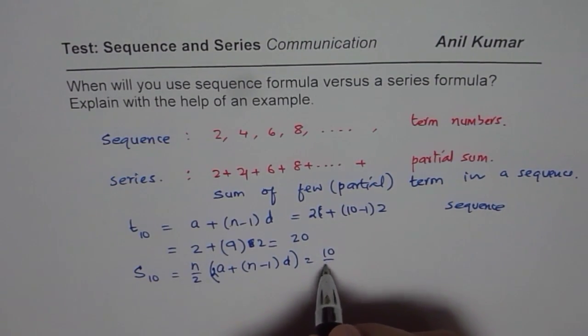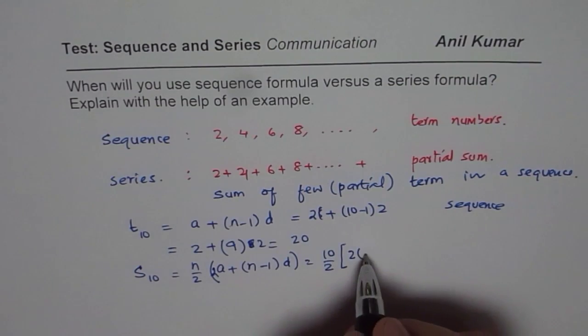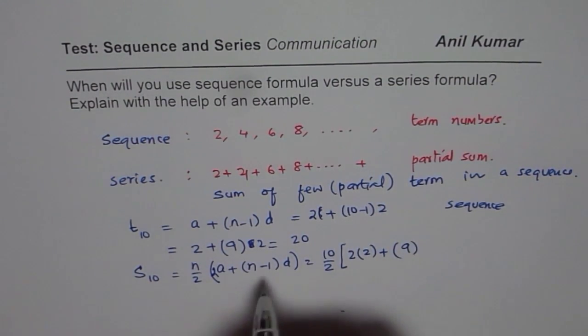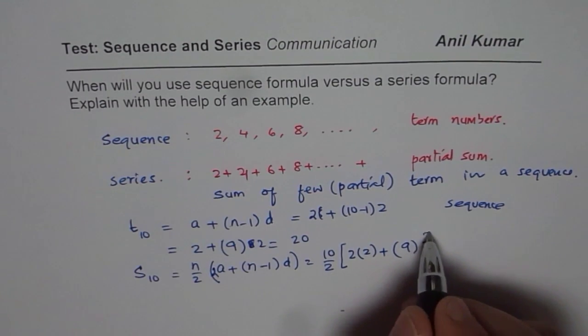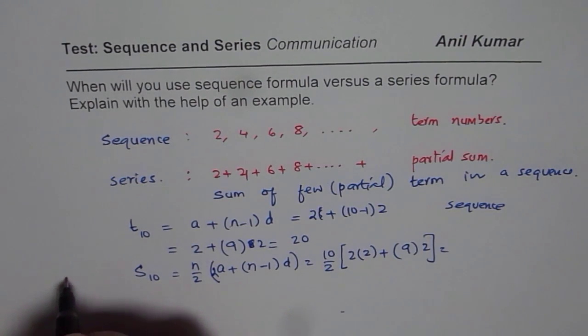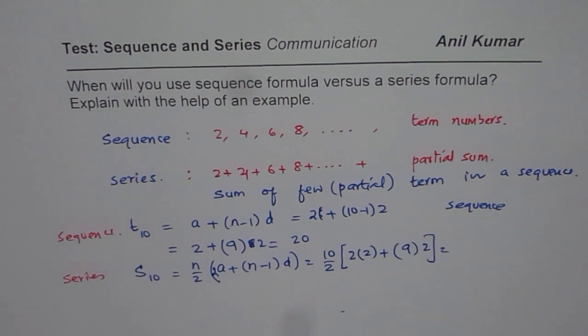So we'll say 10 over 2 times 2 times the first term, which is 2, plus 10 minus 1, which is 9, and d is 2 for us. So we'll apply the formula for series. So this formula is basically for series, right? And that is for sequence.